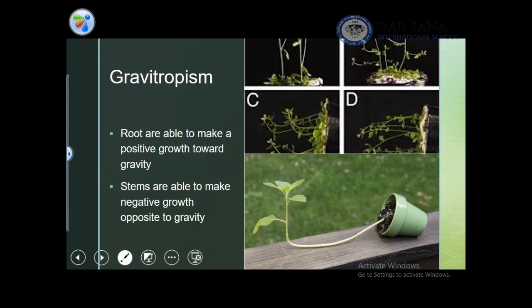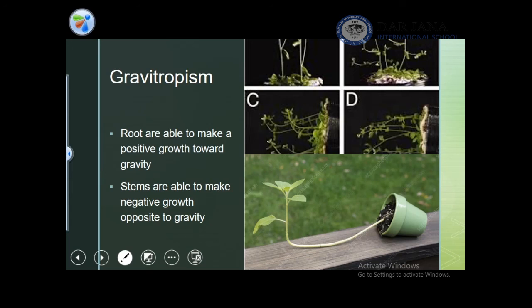The auxin hormones will gather in the lower part of the stem according to gravity. It goes downward, and the upper part of the stem will have a low amount of auxin. Then the lower cells will start elongating at a faster rate, and the stem will start growing upward in a negative response to gravity. This is the second tropism response, called the gravitropism.